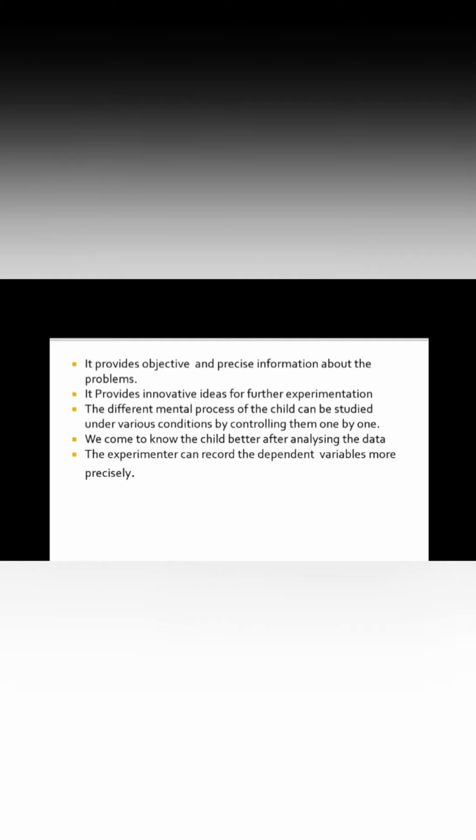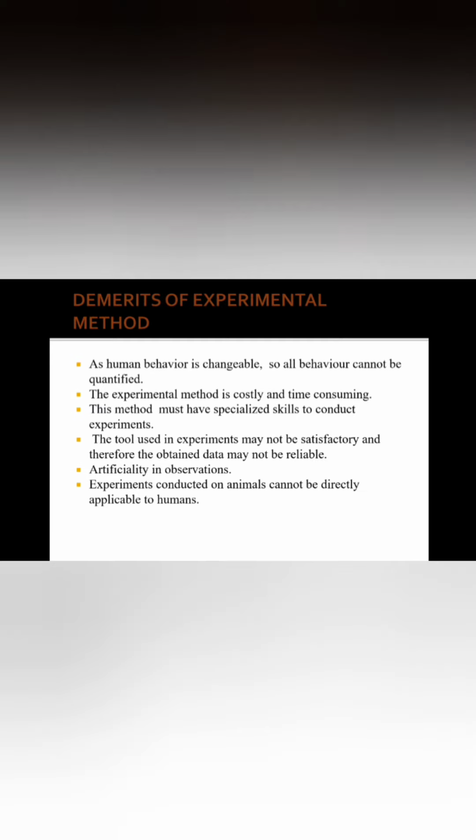Next, we have to discuss the demerits of experimental designs. As human behavior is changeable, not all behavior can be quantified. Next, the experimental method is costly and time consuming. In this method one must have specialized skills to conduct experiments.